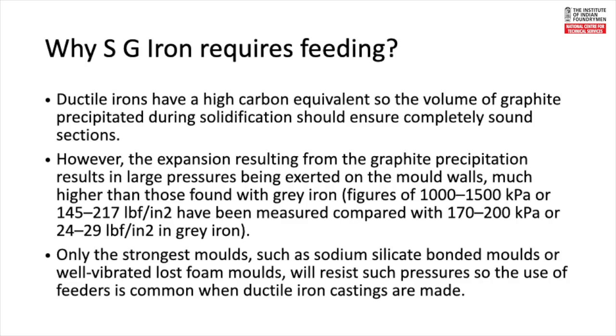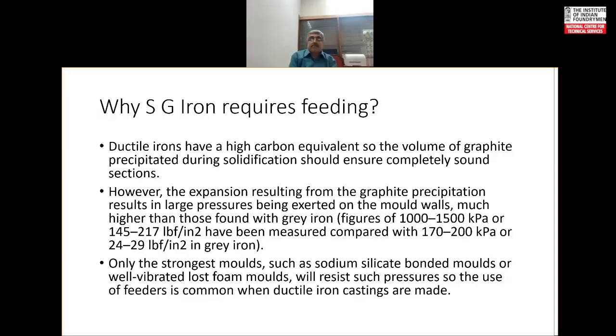But here, the expansion resulting from graphite precipitation in case of ductile iron generates very high pressures on mold walls. Compared to gray iron, it's much higher. As you can see, the numbers are given here.